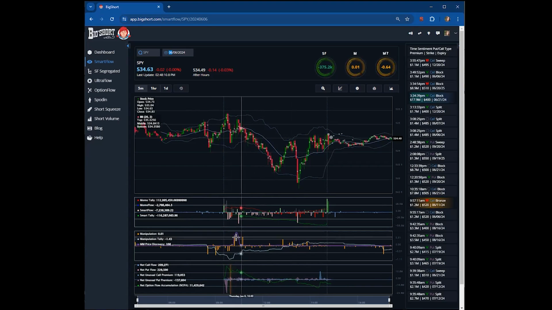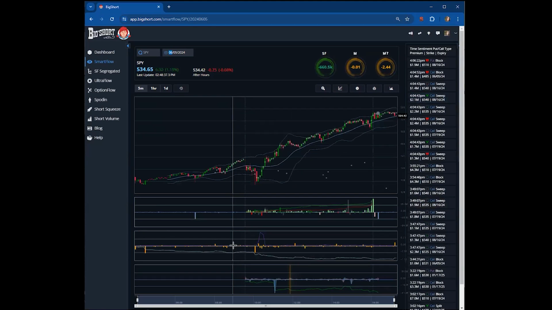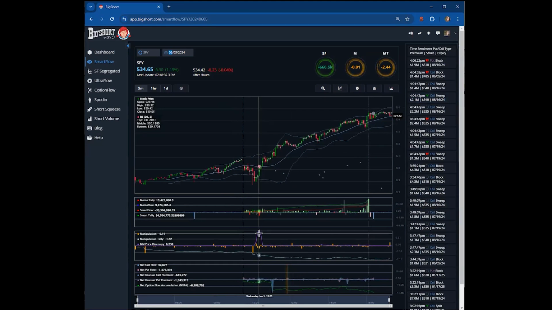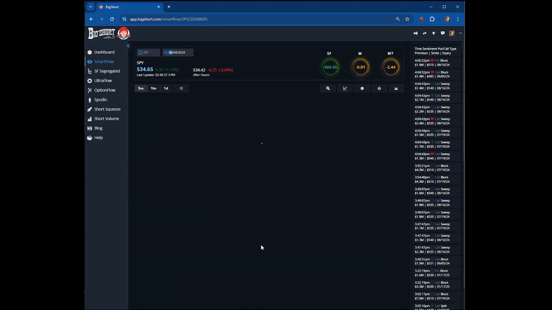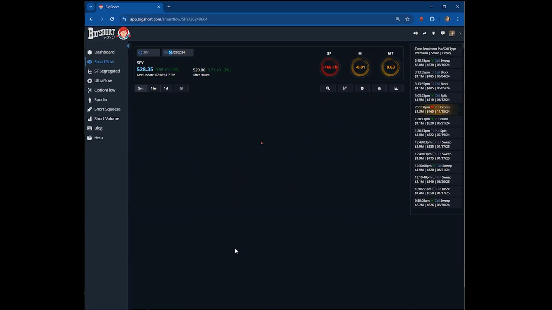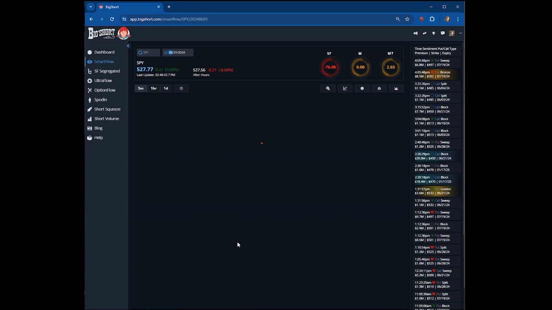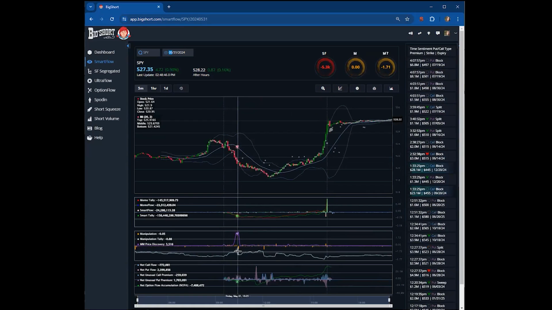So we decided to chart it for our users. That's what this purple hill is. If you go back, you'll see that it almost always looks like this. And we believe this is the time of day when market makers are finding price.